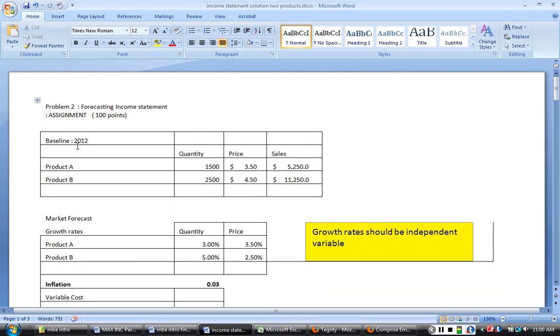a company has two product lines, product line A and product line B, and the baseline is starting at 2012, and the quantity sold in 2012, which is the baseline year for product A, is 1,500 at the price of $3.50.